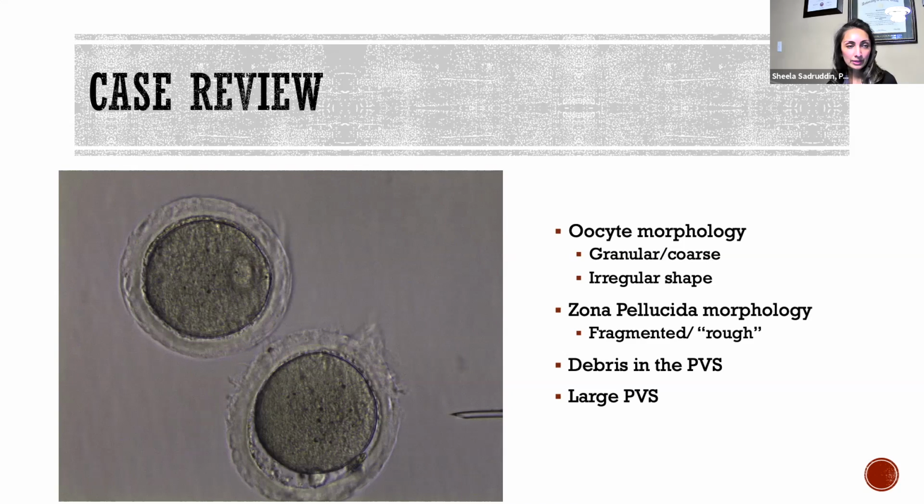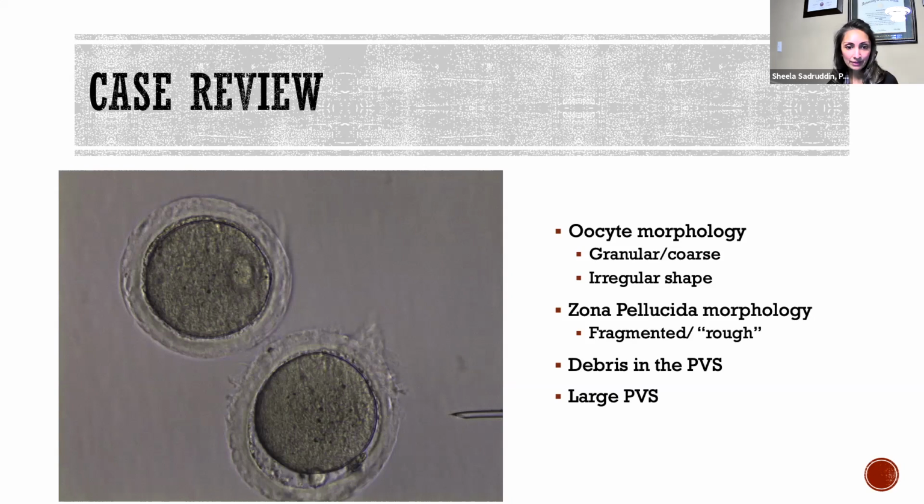Okay, so in this cycle, when we had her eggs retrieved, we were all surprised to see the oocyte morphology at retrieval. Here's an image of what we see. Right off the bat, you can see that the cells are granular, coarse in morphology, and irregular in shape. That's the eggs themselves.